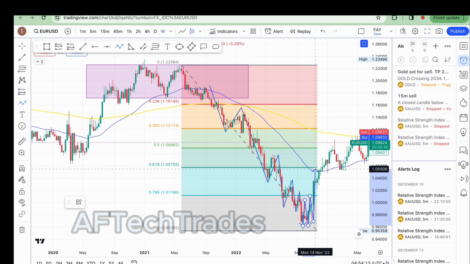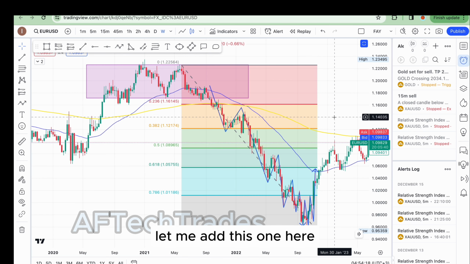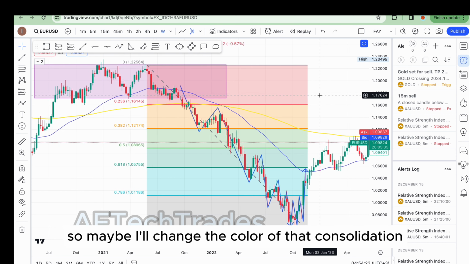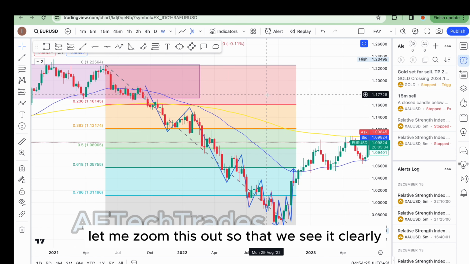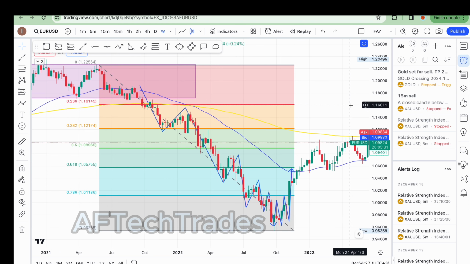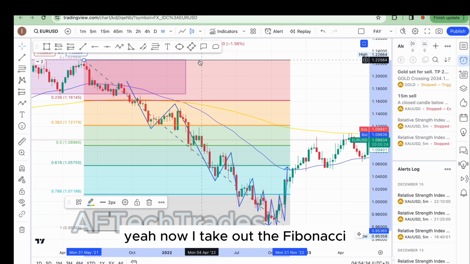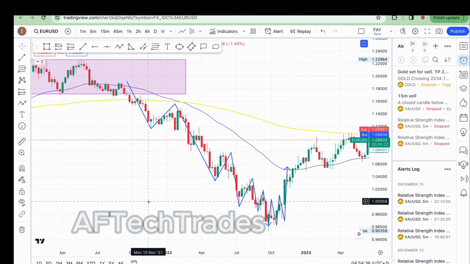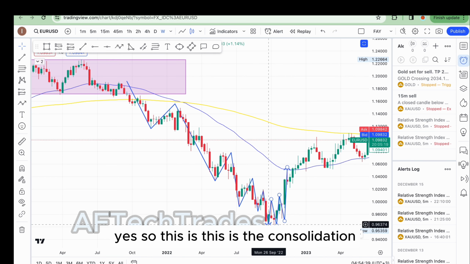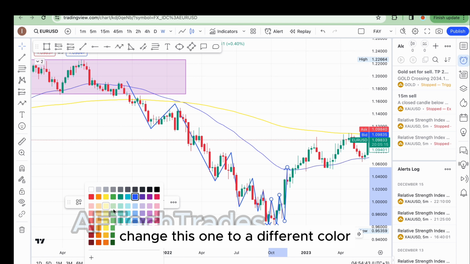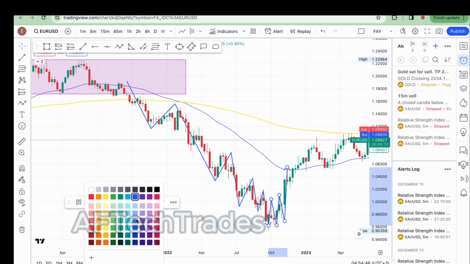Okay, let me add this one here. Maybe I'll change the color of that consolidation. Let me zoom this out so that we see it clearly. Now I take out the Fibonacci. Yes, so this is the consolidation. Change this one to a different color.